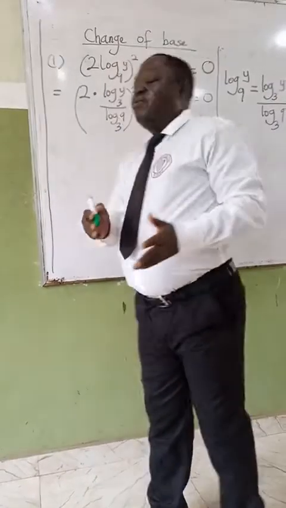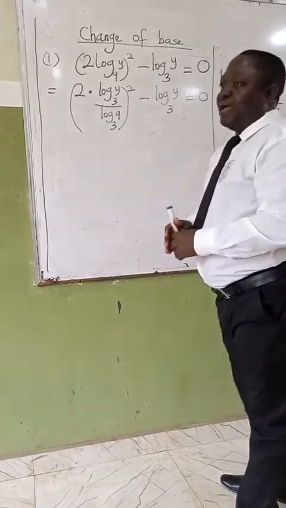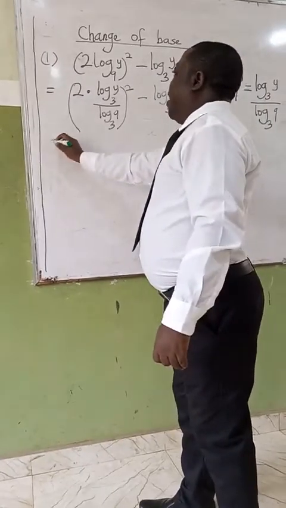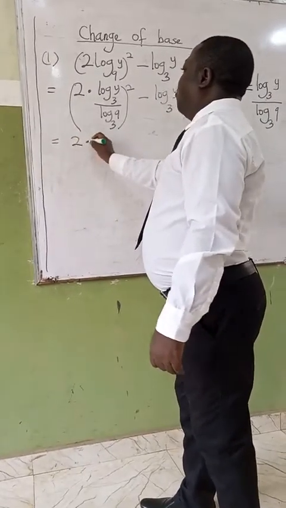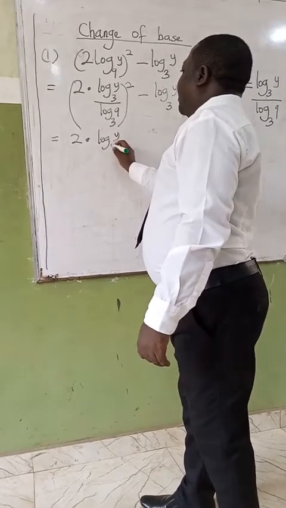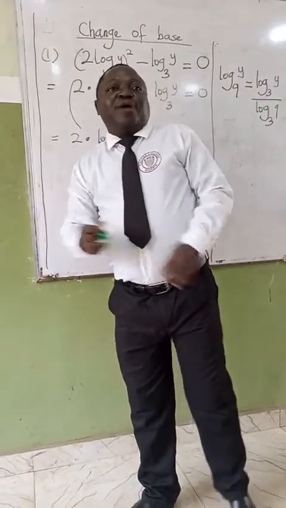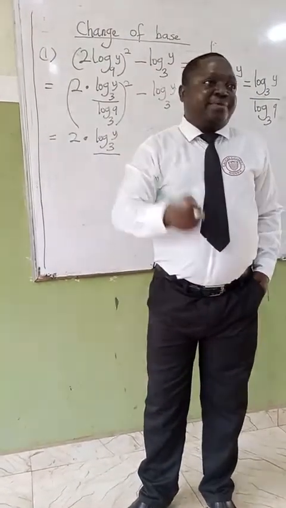From here we have base 3 at this side and also base 3 at the other side. So now this becomes 2 times logarithm of y in base 3 all over, and we can easily simplify logarithm of 9 in base 3.